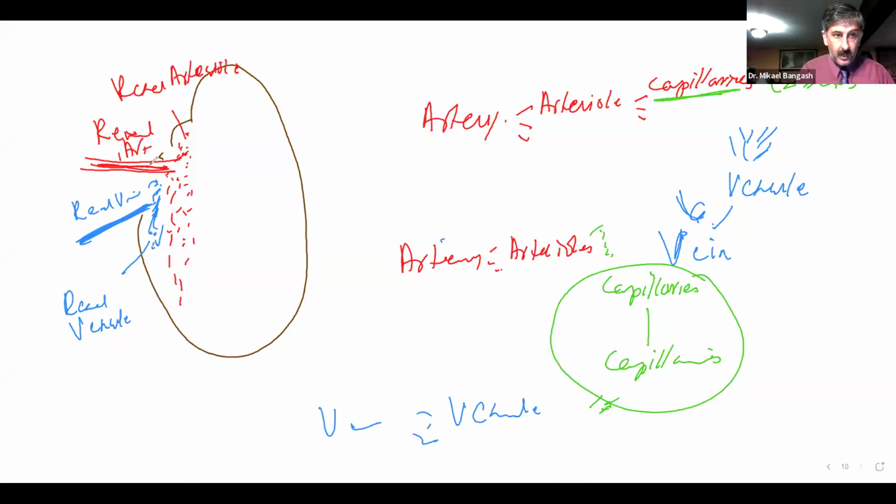So we said artery became arteriole. We can say it will become the first set of capillaries of our nephron. That first set of capillaries in the nephron is what we'll call the glomerulus.